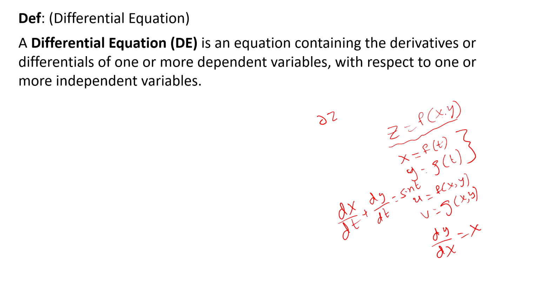You write like this. Instead of a d, you write this funny looking d, and you read this as partial z with respect to x plus partial z with respect to y is equal to xy.